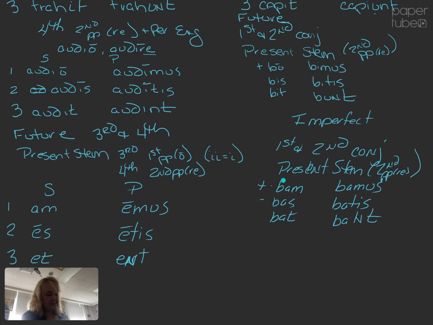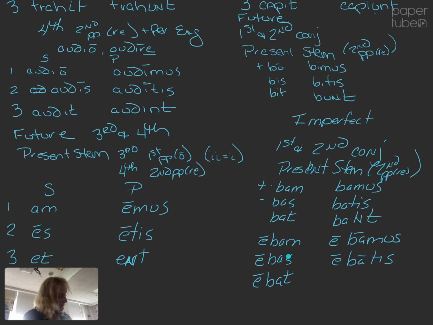What we add instead is ebam, ebas, ebat, ebamus, ebatis, ebant. And that is true for third, I, and fourth. So I have audiebam, audiebas, audiebat, audiebamus, audiebatis, audiebant.